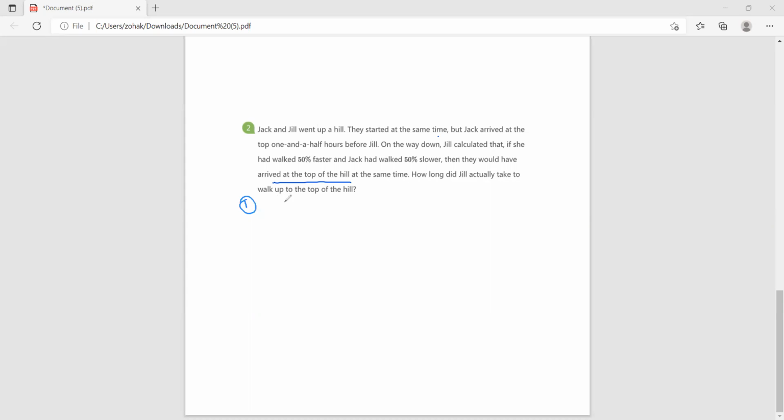So we are going to have the usual speed of Jack multiplied by 1 minus 50%. And we know that that has to be equal to the usual speed of Jill multiplied by 1 plus 50%, because remember they arrived at the top of the hill at the same time, so those two would have to be equivalent for that to occur.